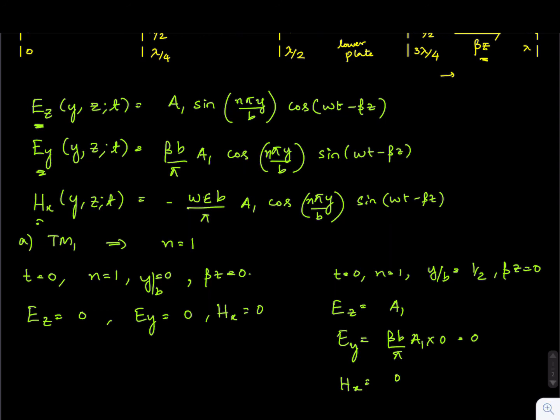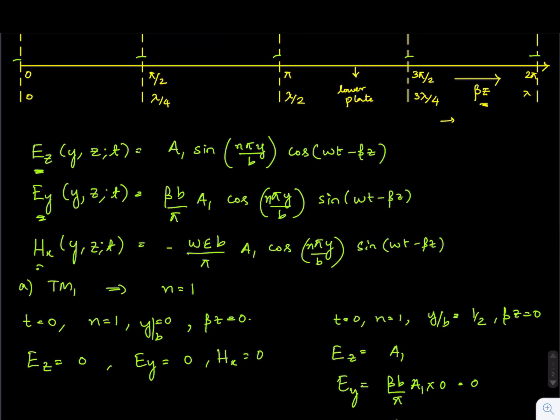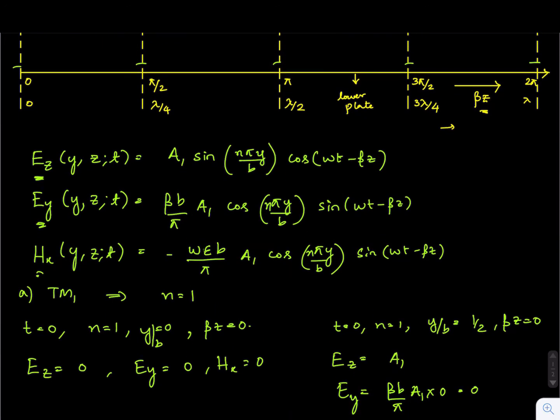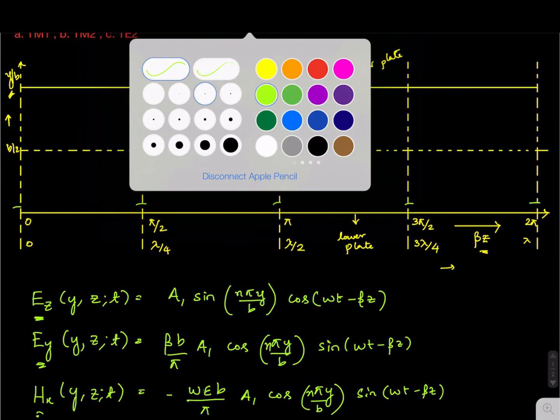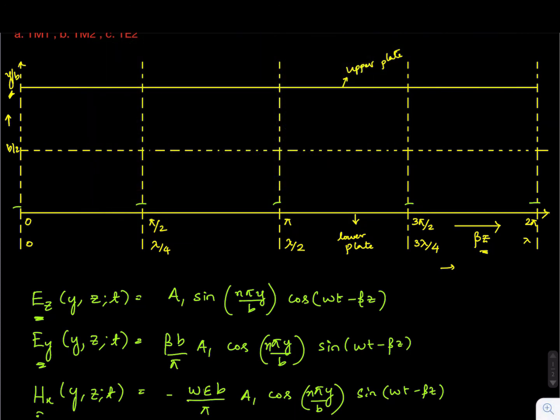So what do we understand from here? At y by b equals half and beta z equals 0, we have a z component only. So let's go ahead and draw the z component. Let's make the line a bit thicker. So there is a field line like this.